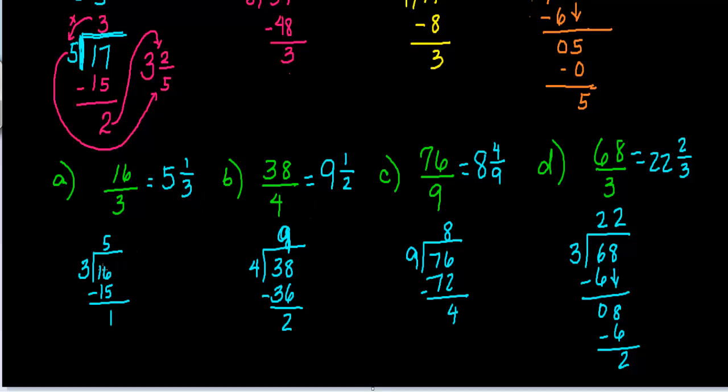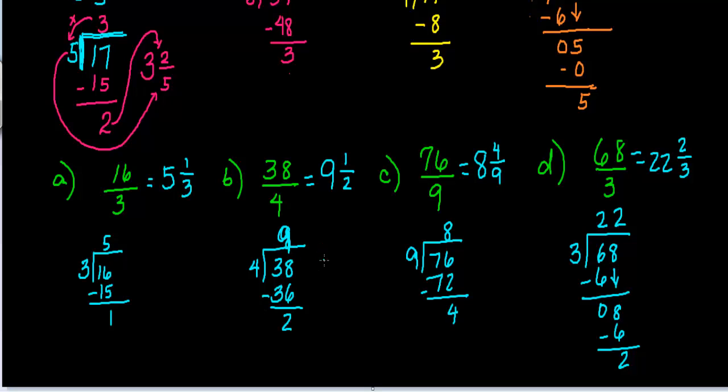First one, we divide 16 by 3, you get 5, and you have a remainder of 1. So that's your numerator, and your denominator is the divisor. For the second problem, notice I wrote 9 and 1/2. When I divide 38 by 4, 4 fits into 38 9 times. That gives you 36, and you have a remainder of 2.